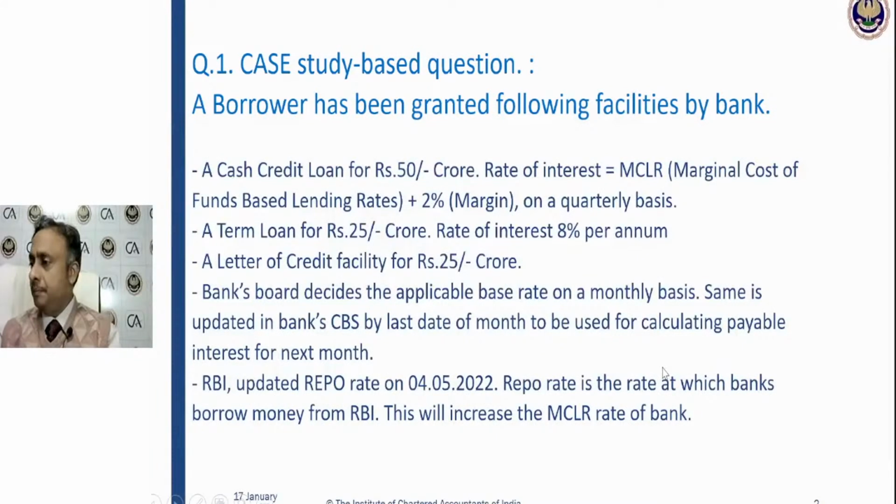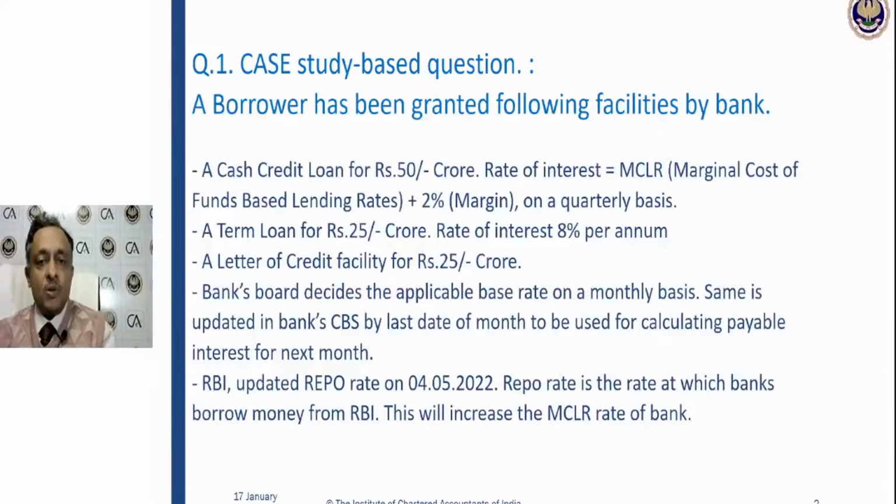Please read it through. So I'll read that: cash credit limit of 50 crores, rate of interest, marginal cost of lending rate plus 2% margin on a quarterly basis.